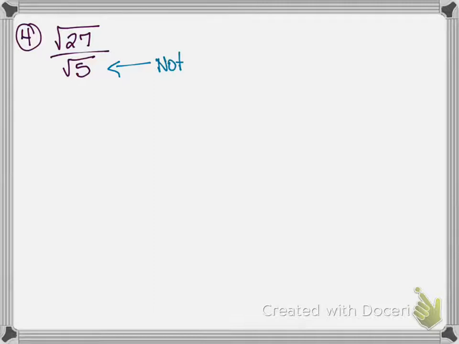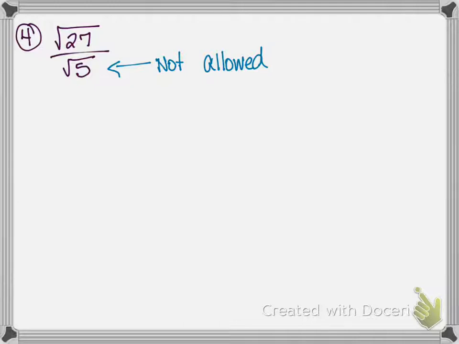Okay. Now, this one, I teach a trig class at night, and rationalizing the denominator even makes my trig students crazy. Okay, so I've got the square root of 27 over the square root of 5. You are not allowed to have a square root in the denominator.